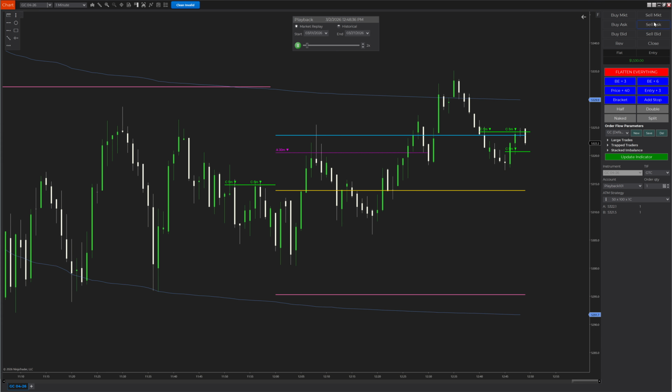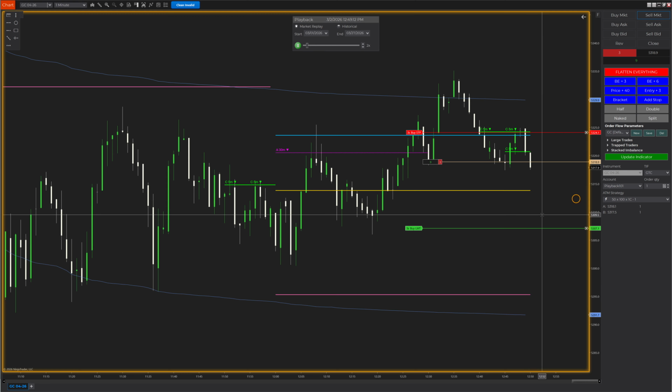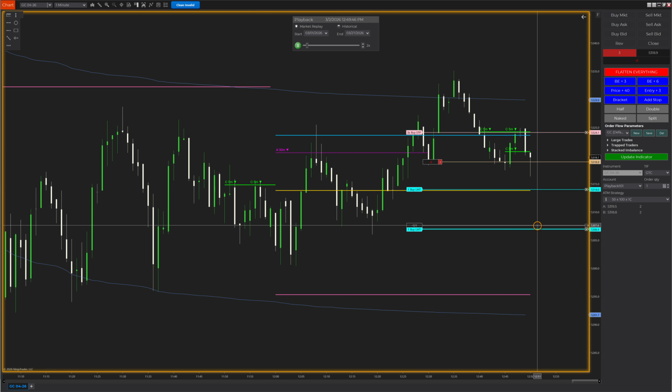Let's see what happens here. Now it does. Wait for the bar to close. Close. I'm going to give it a try. Put one here. Oof, that's not a great looking wick, huh?